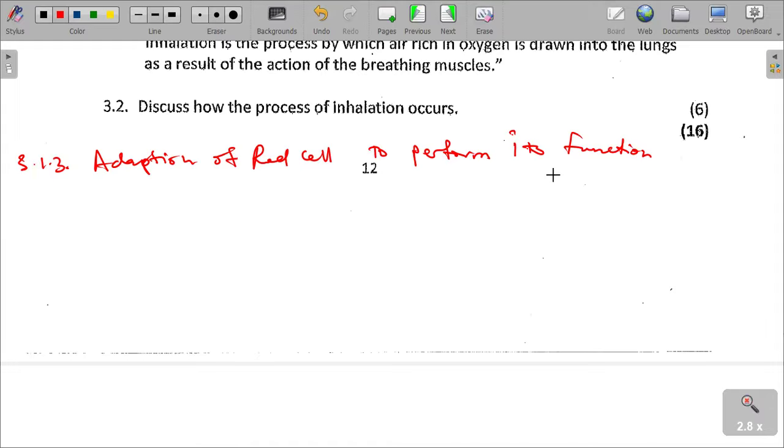So, we can put as many points as we can.